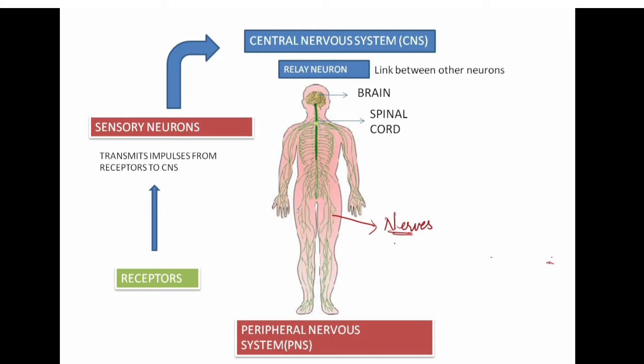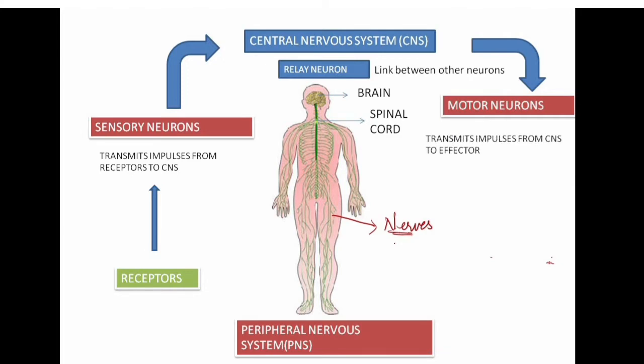Now, from the central nervous system or the CNS, the information is passed to the next set of neurons, that is the motor neurons. The motor neurons receive signals from the central nervous system, and then transmit the impulses from the central nervous system to the effectors.